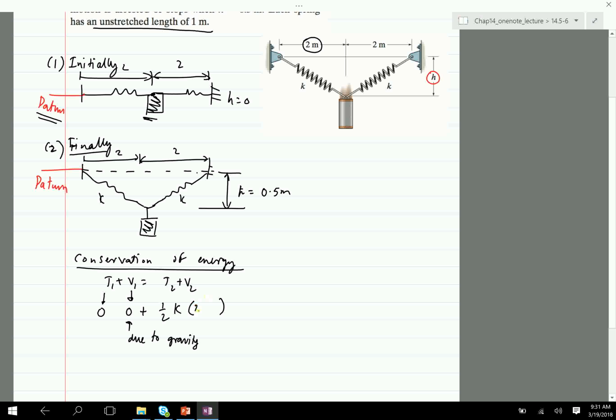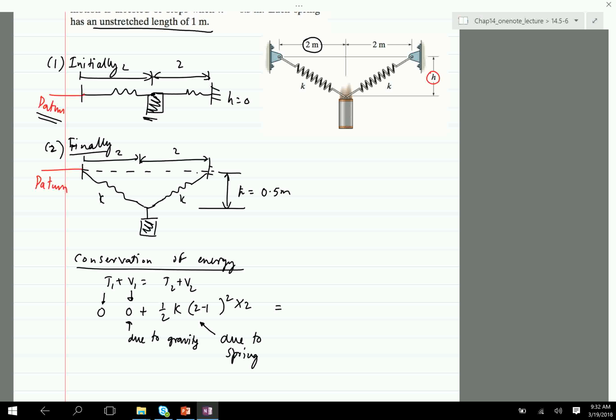So it's 2 minus 1 squared. Okay, but there are 2 springs, and they have the same stretch and same potential. So this is going to be twice. So this is due to spring. Okay, so that is all the energy T1 plus V1 when it's initially at that position shown there, number 1.